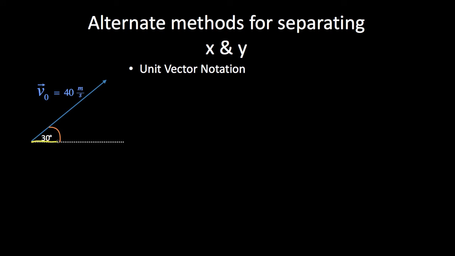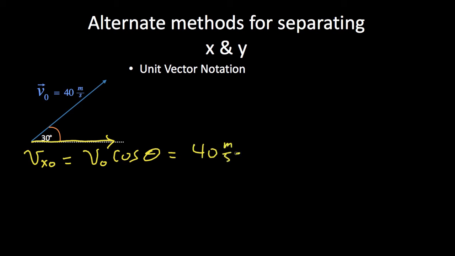First, I'm going to find the x component, which goes out to there. So v x naught will equal v naught vector times the cosine of the angle theta. In this situation, that gives us 40 meters per second times the cosine of 30 degrees.